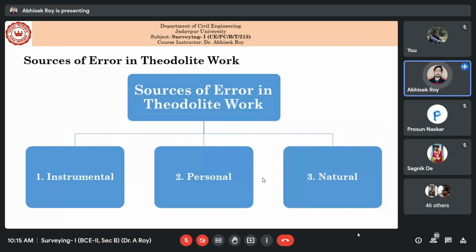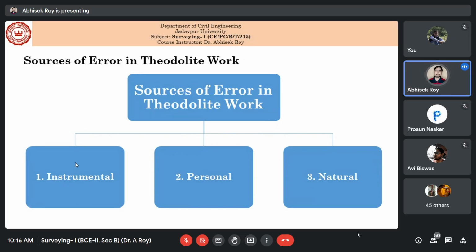Now, whenever we are discussing the errors of a theodolite, there can be three types of error. First one is instrumental error. Obviously, there can be some sort of manufacturing defect, as all this instrument is manufactured in machines, but there also some sort of error can be there.